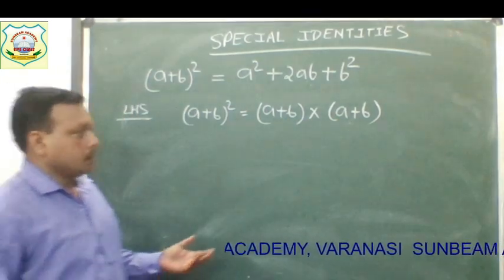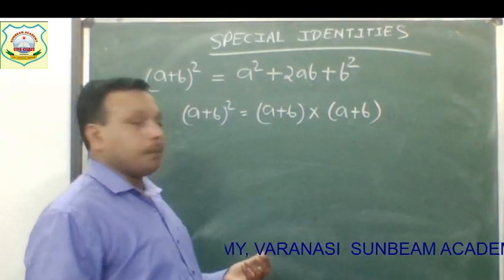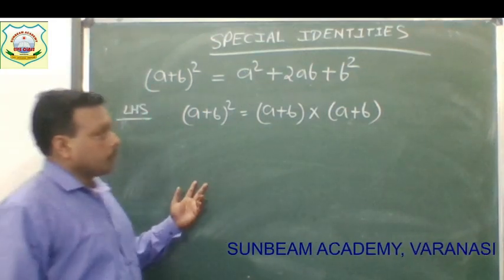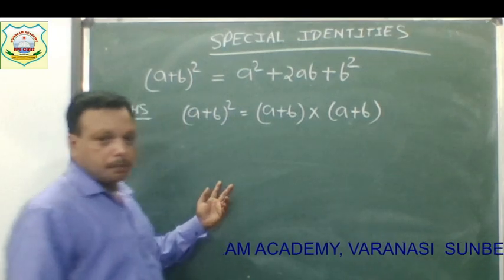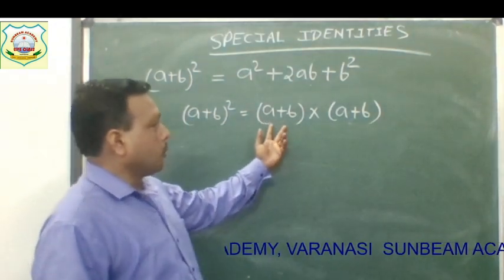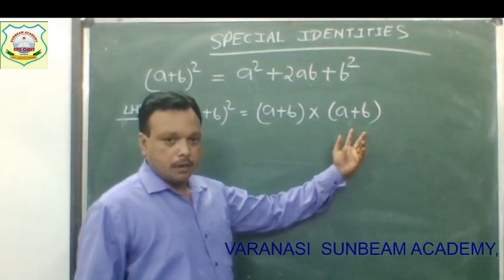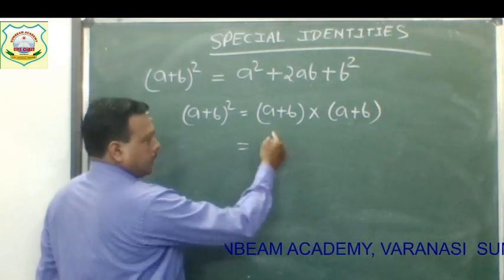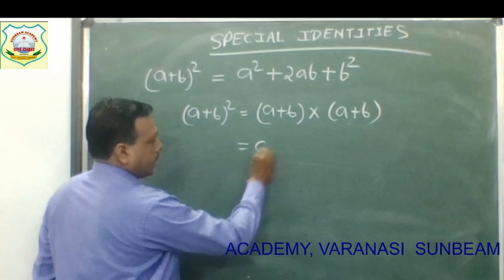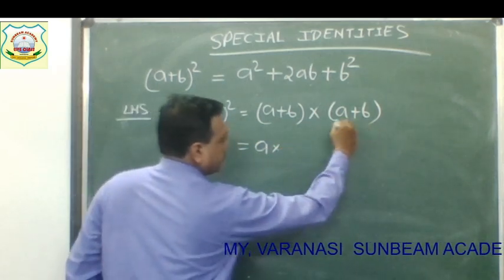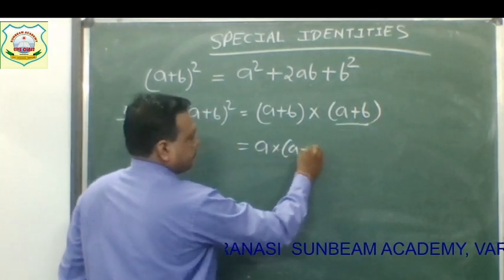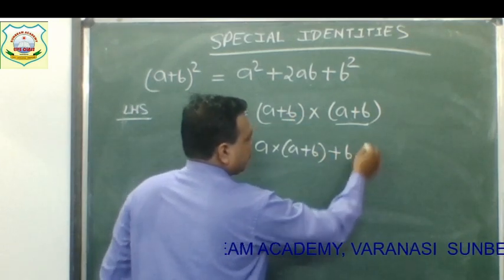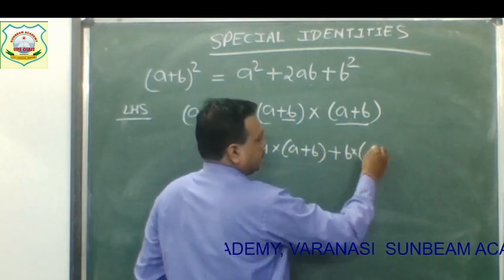So now students, when you go to the previous exercise, exercise 6b, where you have done binomial multiplied by binomial, similarly we will do here. We will take any one because both are the same. So a multiplied by this one, a plus b. Now plus b is here, plus b multiplied by a plus b.